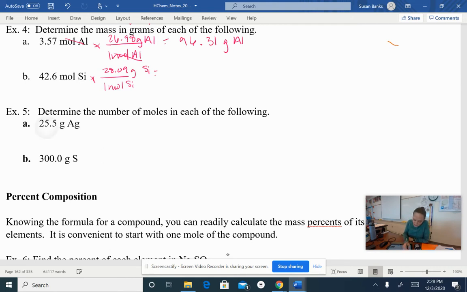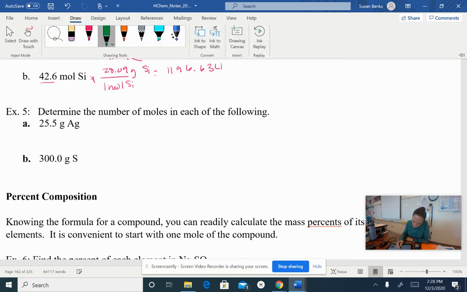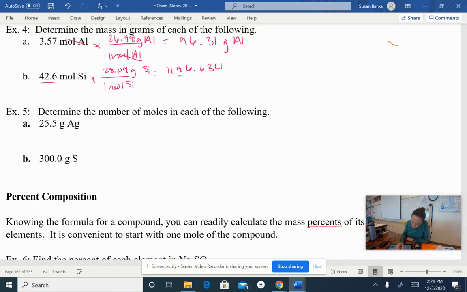This will give me 1,196. I only have 3 sig figs. So let's see. I'm going to write this one out. So 3 sig figs, that means I have to stop here. That 6 tells me to round up, doesn't it? So if I round up a 9, it becomes a 10. So this is going to be 1,200, but that only gives me 2 sig figs. So how do I do that with maintaining 3 sig figs?